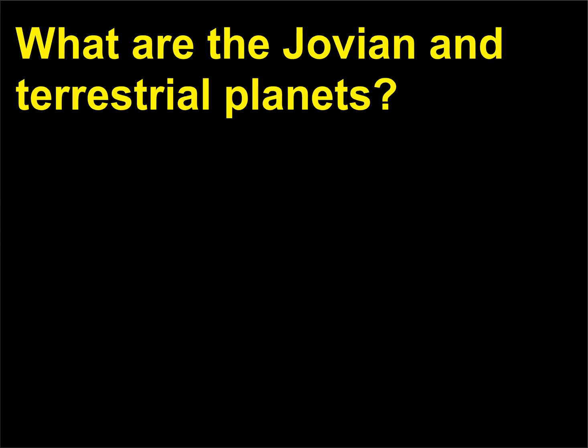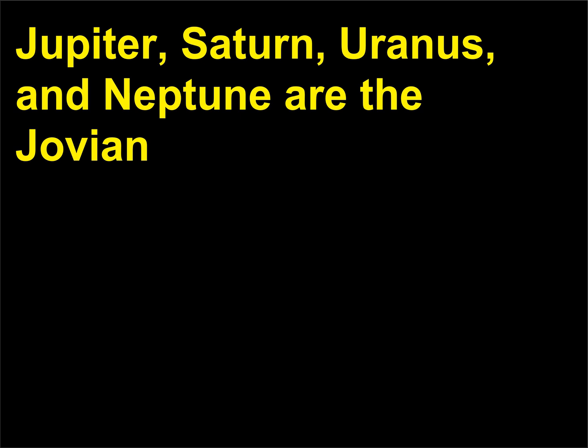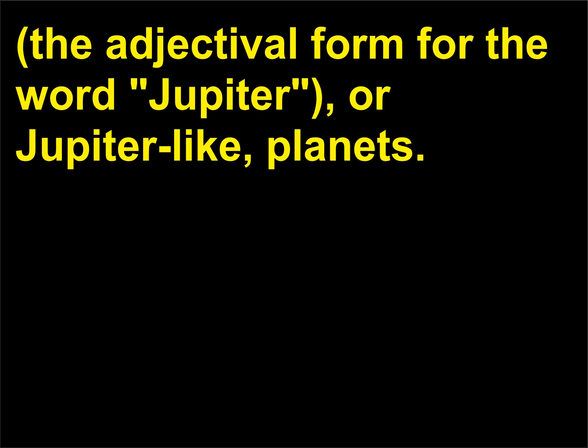What are the Jovian and terrestrial planets? Jupiter, Saturn, Uranus, and Neptune are the Jovian, the adjectival form for the word Jupiter, or Jupiter-like, planets.